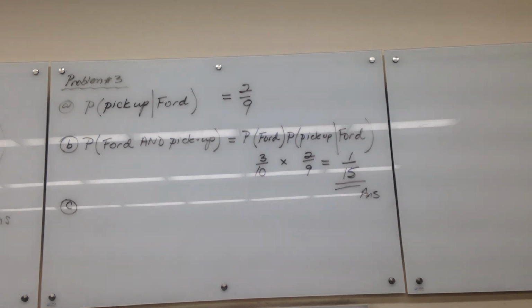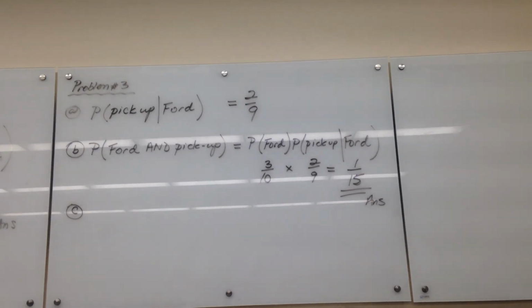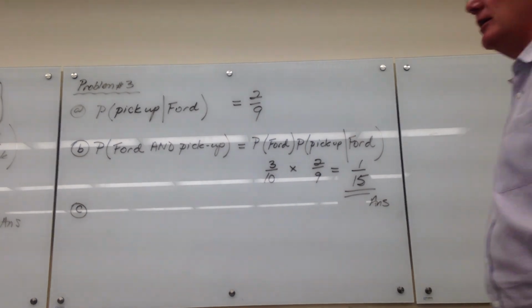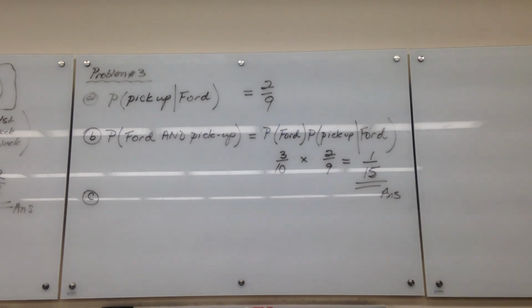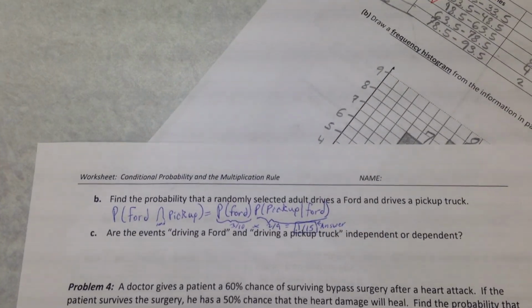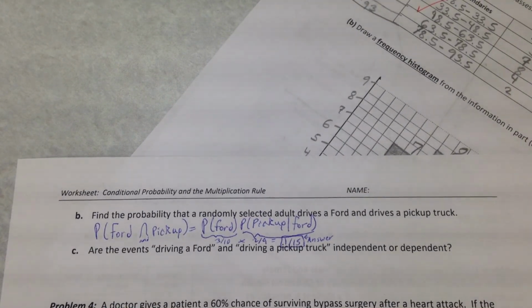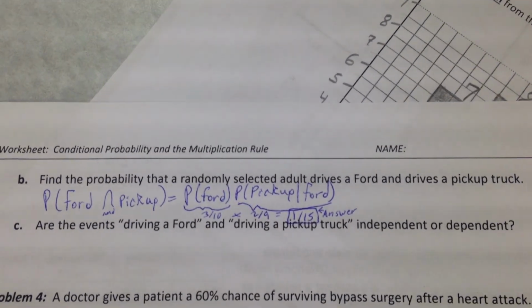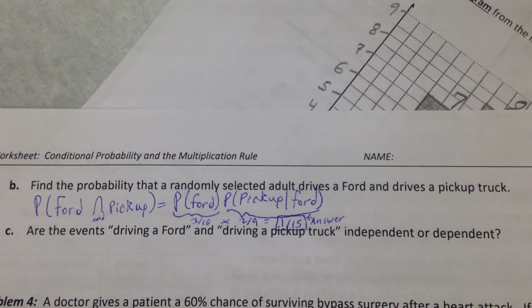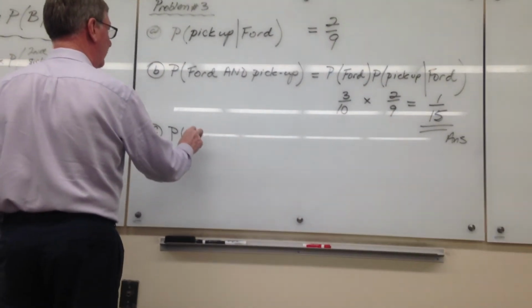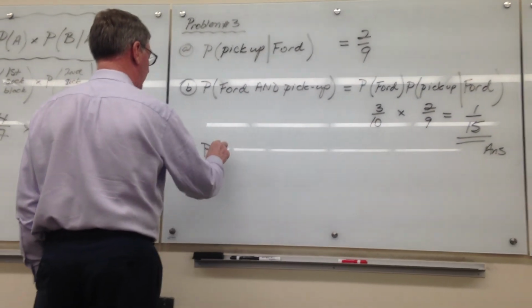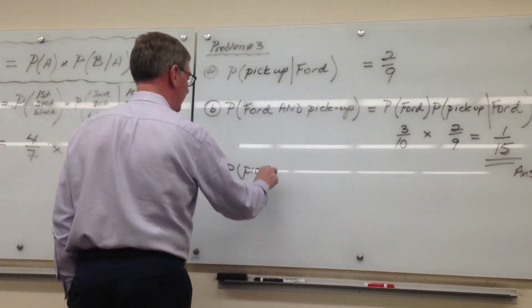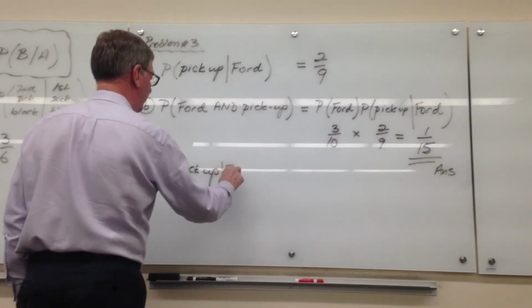So let's go down to part C, which says, are the events driving a Ford and driving a pickup independent or dependent? How do we answer that? Well, look at the probability of driving a pickup, given Ford, we know that.